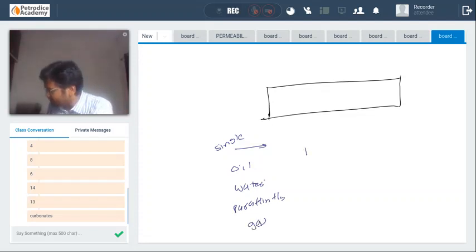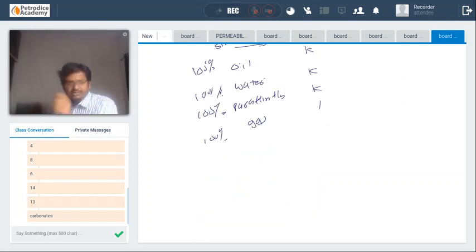The total permeability will be the same, 100% in all the cases, if you are using only a single fluid, because this permeability is defined for a particular rock.